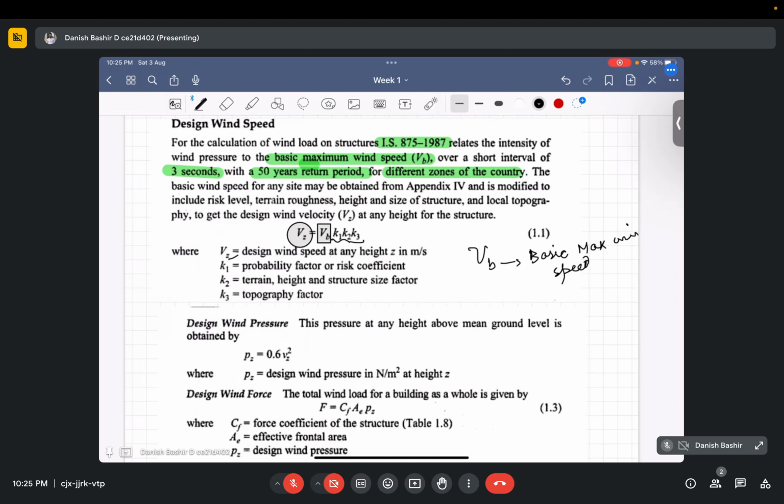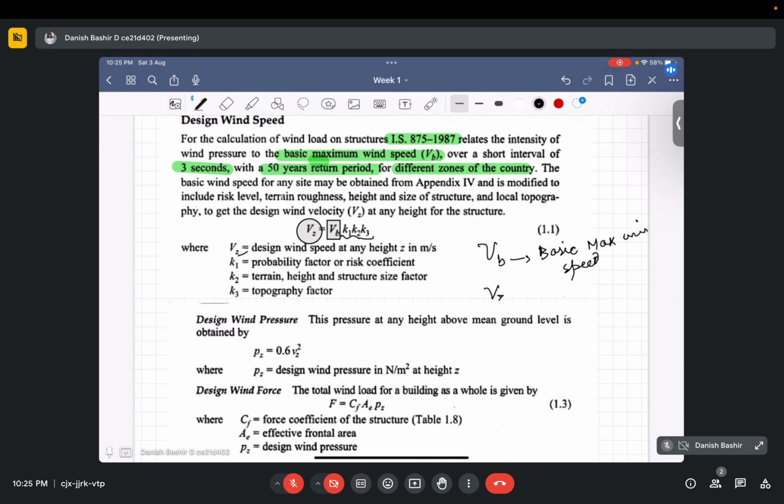So after we get the design wind speed, we need to calculate the design wind pressure. This design wind pressure PZ is given by 0.6 VZ square, that is, 0.6 times the square of the design wind speed.